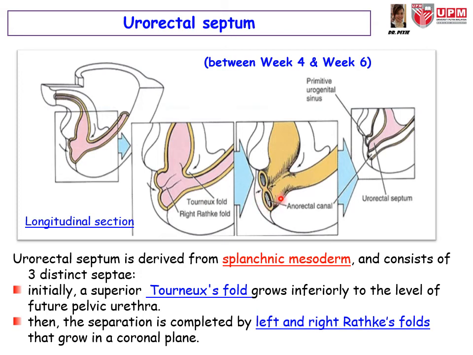When these folds interface with each other and the descending urorectal septum is completely dividing the cloaca into 2 parts, into the ventral primitive urogenital sinus and also the dorsal anorectal canal.